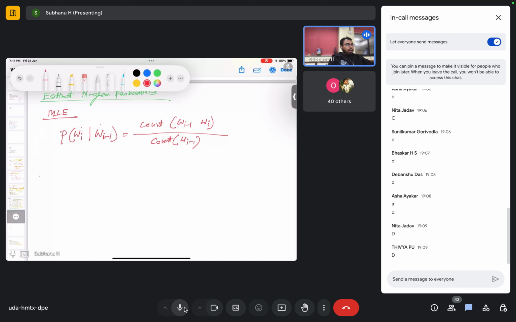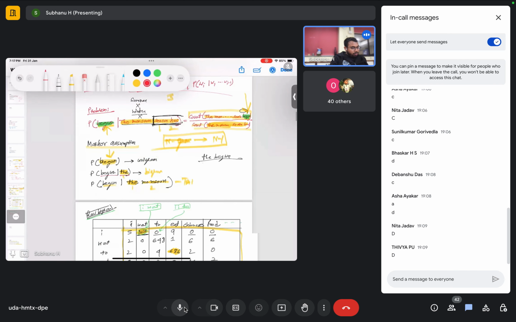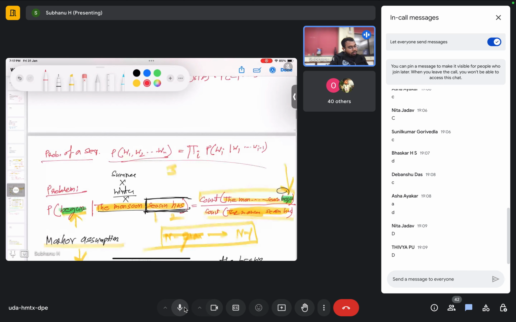So the n-gram only works well for word prediction if the test corpus looks like the training corpus. So it is not often the case in real scenarios because the data is very sparse.